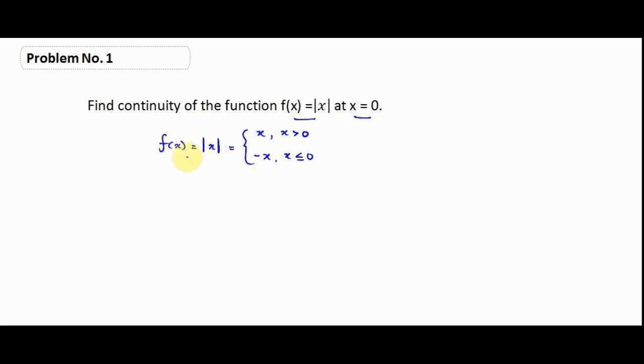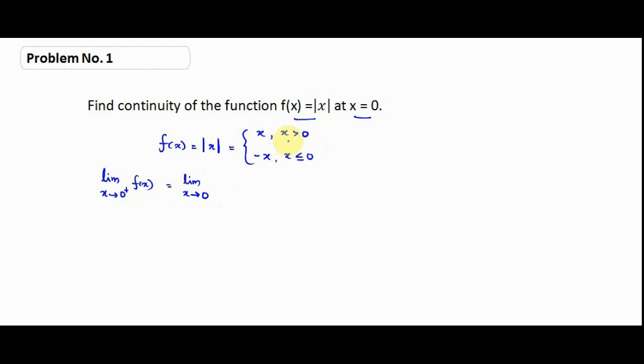Now let's see what is the value of the limit as we approach the point x equal to 0 from the right side, that is, limit x tends to 0 plus f of x. This will be equal to limit x tends to 0, and f of x takes the value x for all x values greater than 0.